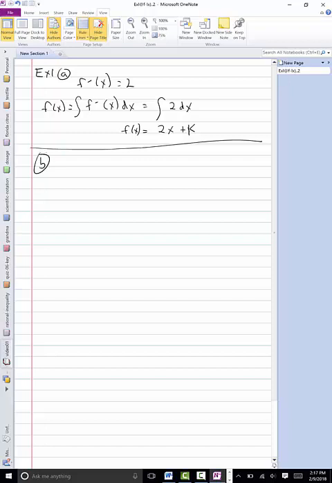So let's try the next one. You got to do that notation there, or your teacher will be very upset. So what's the derivative of e to just the variable, e to the x, for instance? The derivative is e to the x.